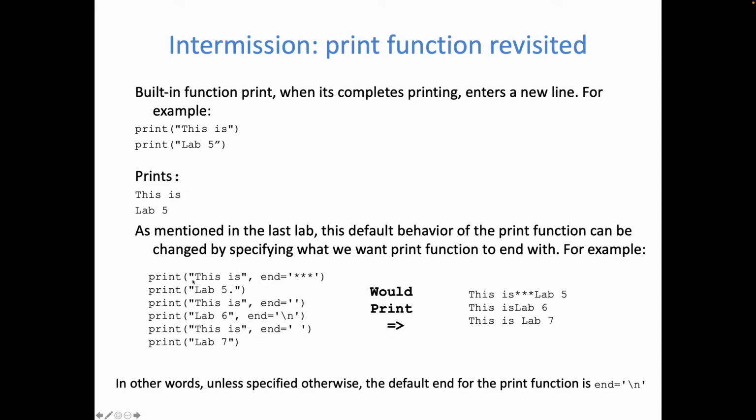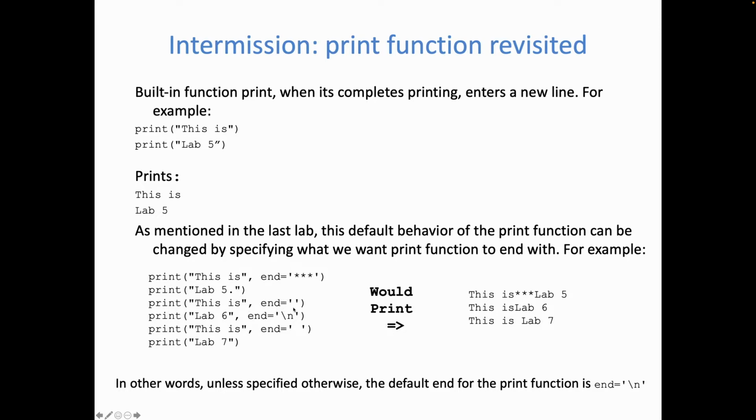So in this print line, it will print this, and then 3 star signs, which is this part. After that, it will print Lab5. Then the end parameter is not specified, so by default, it will end with a new line. So then print Lab5, and there is a new line. After this, it will print this.